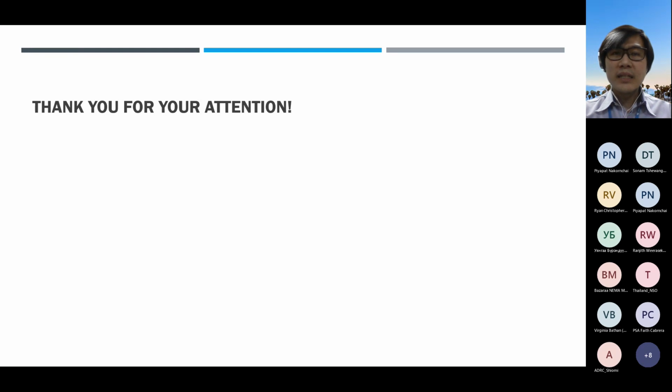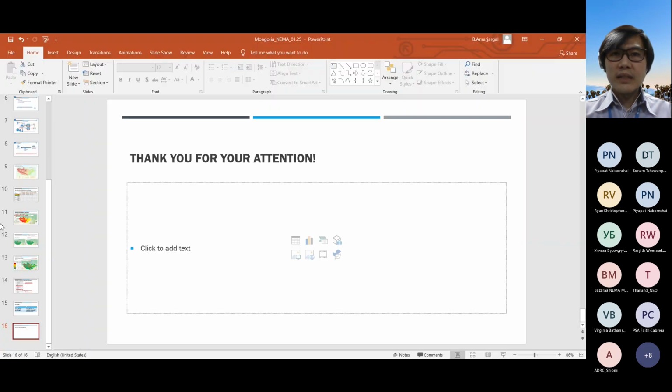First of all, there might already be a lot of data in your country, but they are sitting in different ministries, in different agencies responsible for thematic or sector specific responsibilities. I think this is what we mean by data integration.